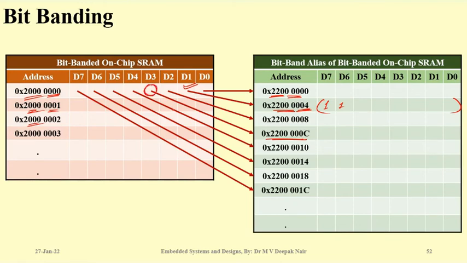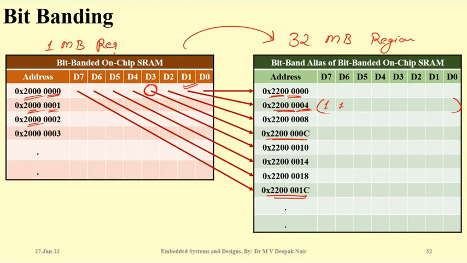So each bit is mapped to a complete register of the other region. So this is one region, a 1 MB region, mapped to a 32-bit, 32 MB region. Both are memory addresses, right?